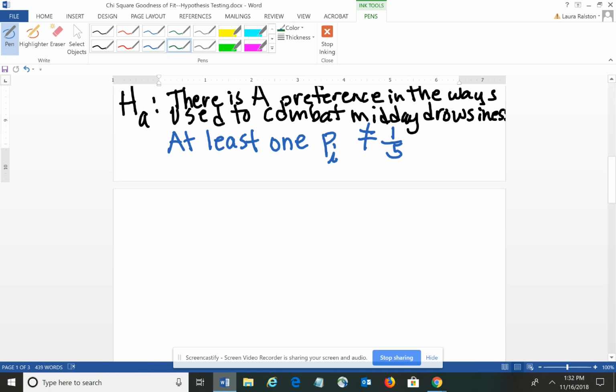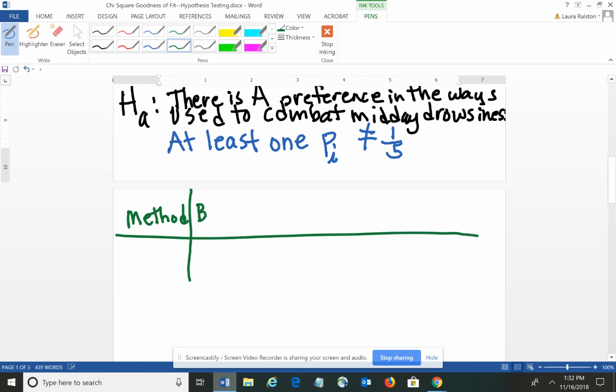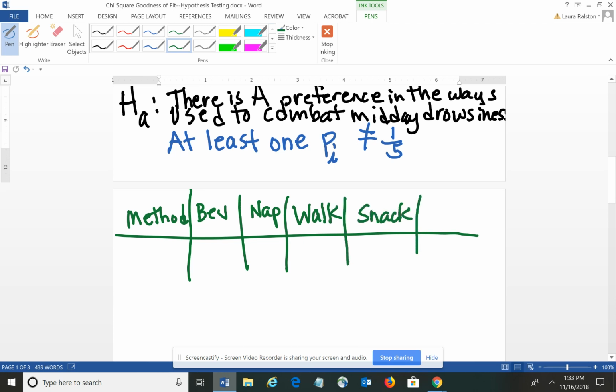So if you look at that table that we have above, you have the way in which they combat midday drowsiness, which was the beverage, nap, walk, snack, or other.